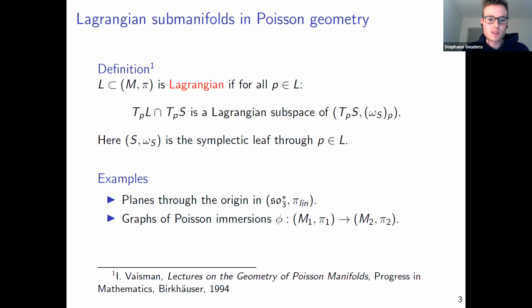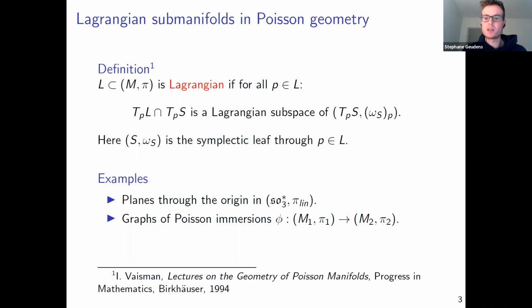So let's look at a few examples. For instance, let's take the linear Poisson structure on so(3)*. Its symplectic foliation is by concentric spheres centered at the origin. And a plane here is Lagrangian exactly when it passes through the origin, because planes through the origin intersect the spheres in something one-dimensional, so it's automatically Lagrangian.